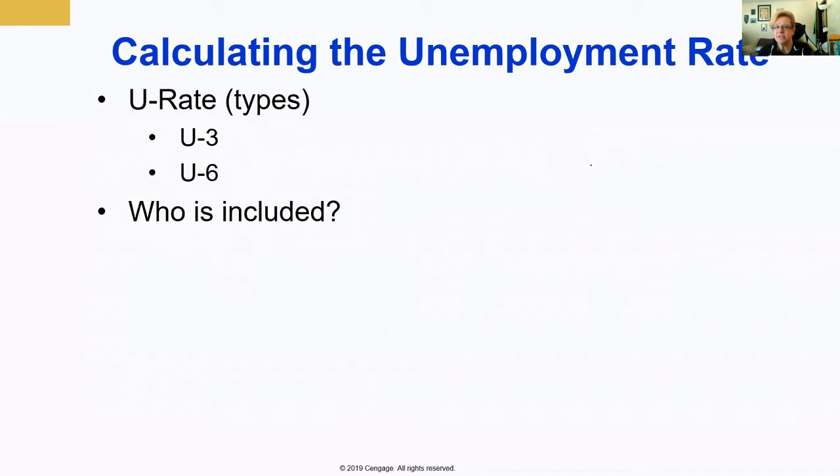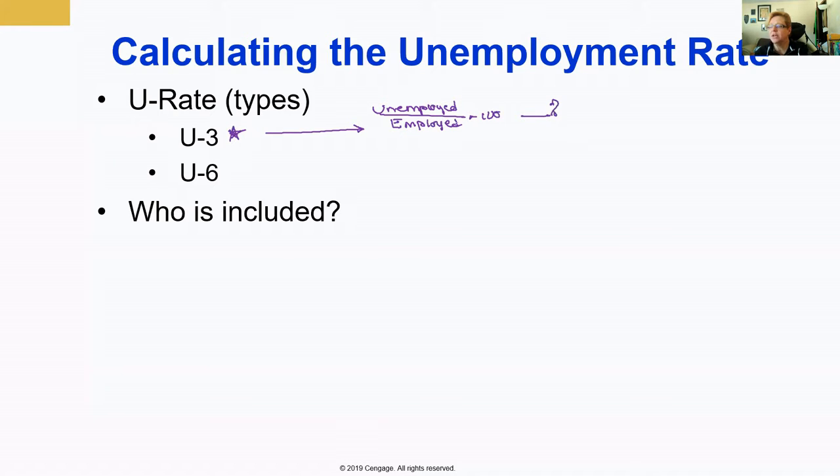There are different types of unemployment rates. The most common one, and the one I'm going to show you in the upcoming lecture, is U3. Okay. And U3 basically says we're going to use the typical ideology and we're going to take the number of people unemployed divided by the number of people employed times 100 and express that as a percent.